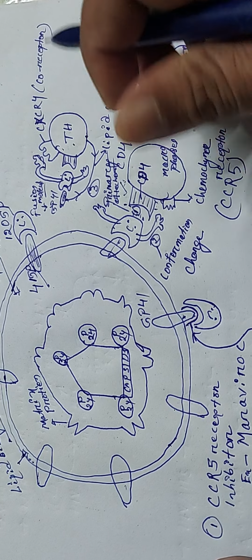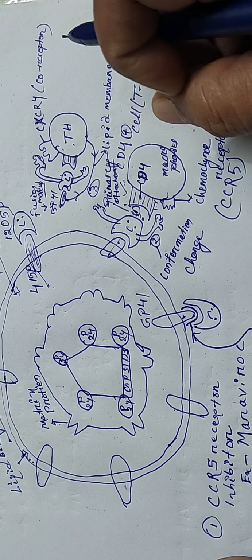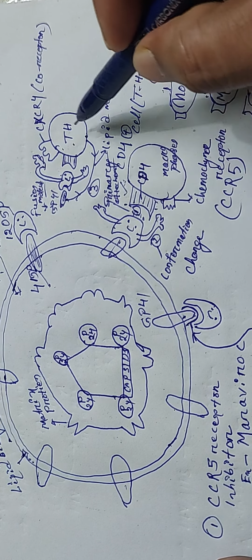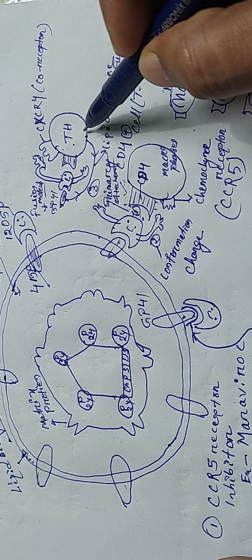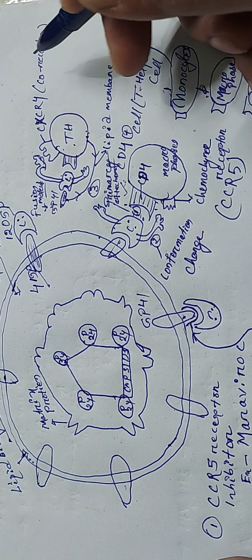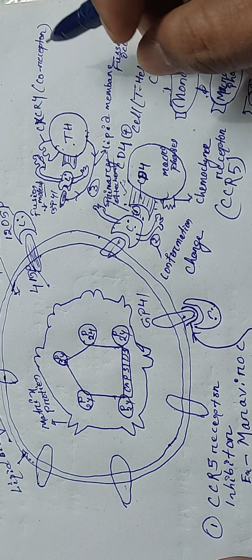After pulling, the HIV virus and the T helper cell, or it may be a macrophage, fuse.